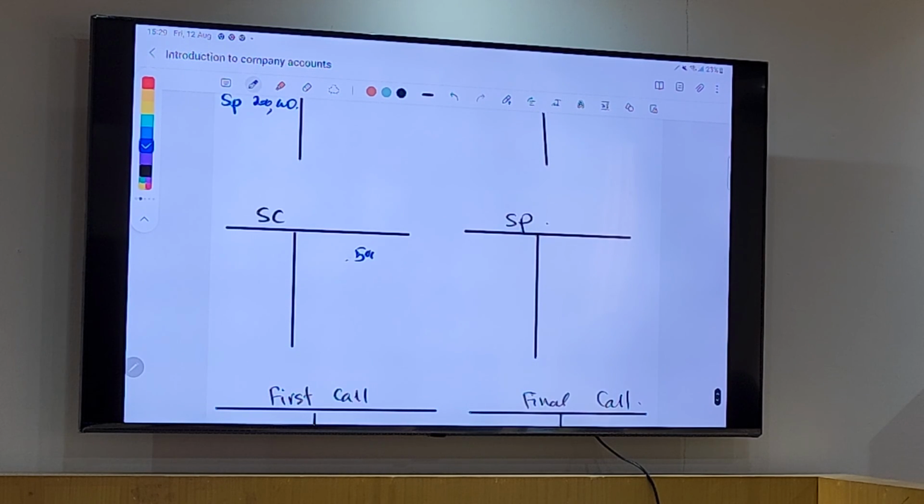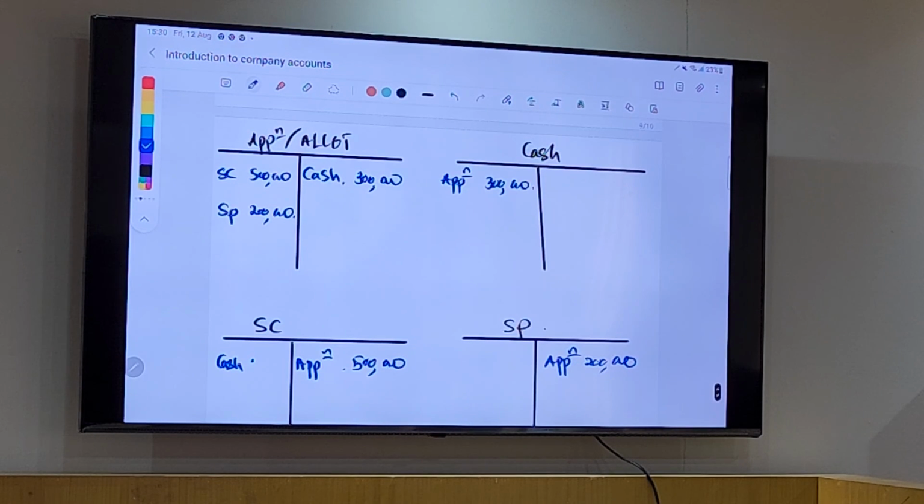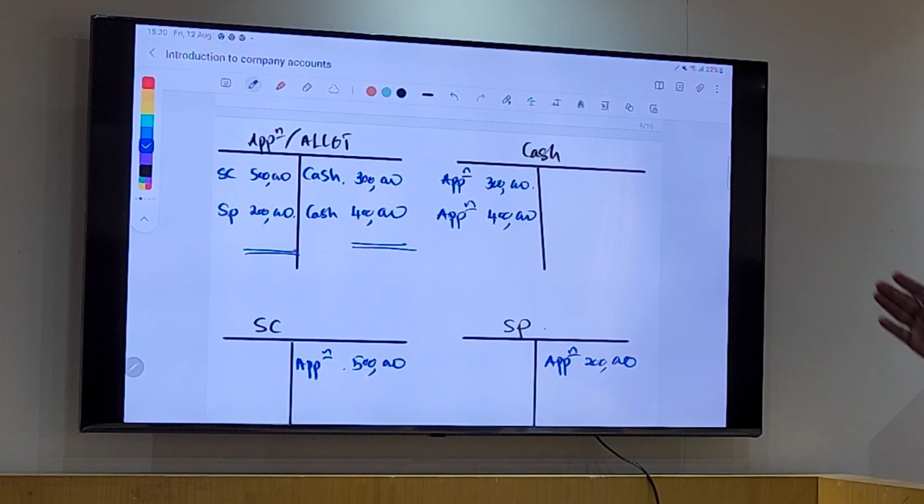So 500,000 and then 200,000. Here application, here also we receive cash. I receive cash here, 400,000. So that is application, and you see this account closed, 700,000.